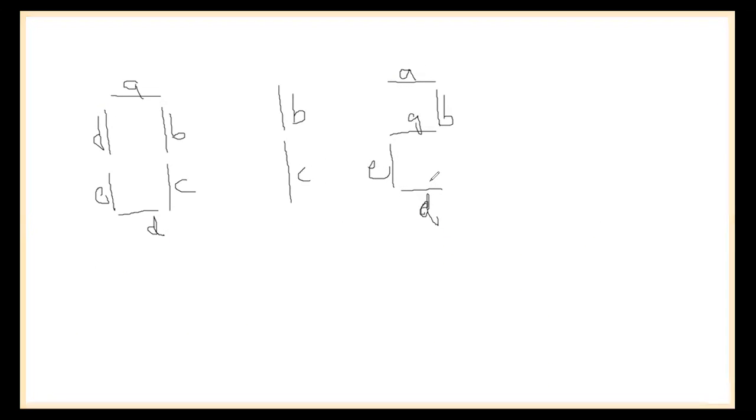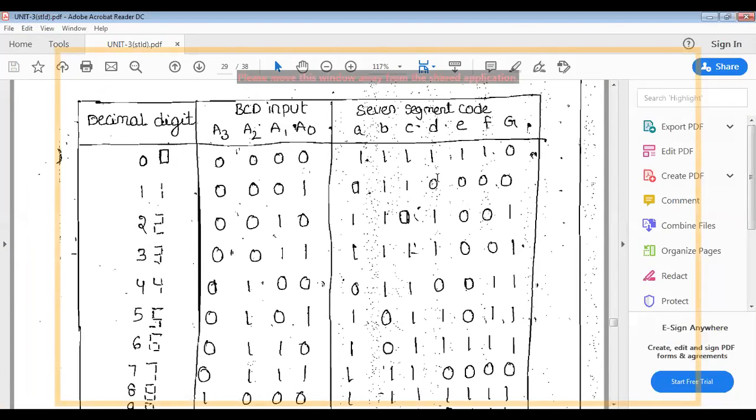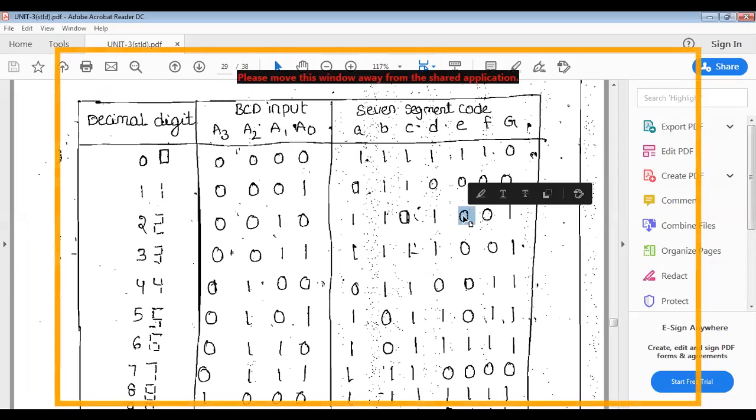There is a 2 value. In the truth table, there is something wrong. In the regular class also, I told that C is 0 and F is 0, not E is 0. Change E to a 1, my dear students.